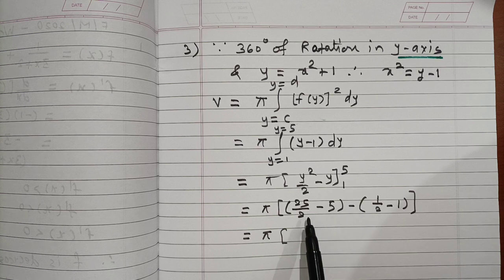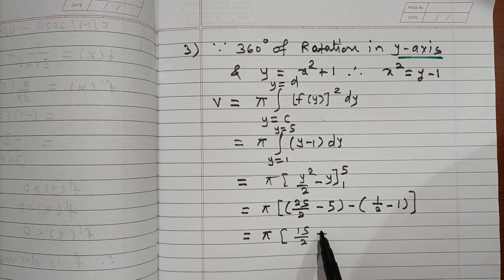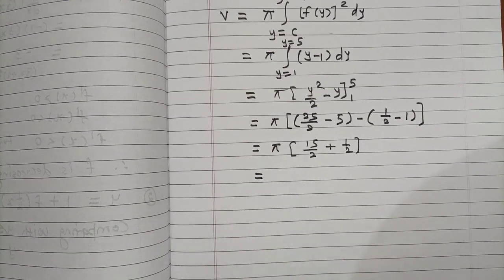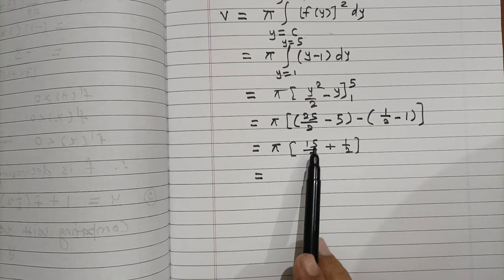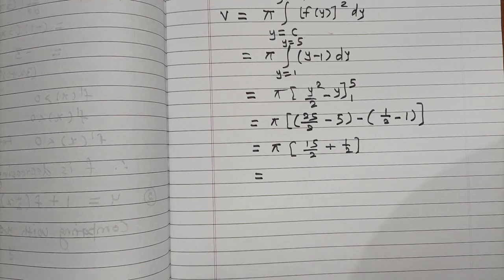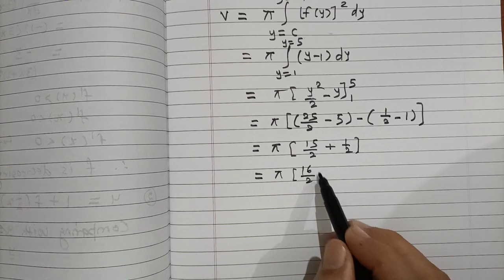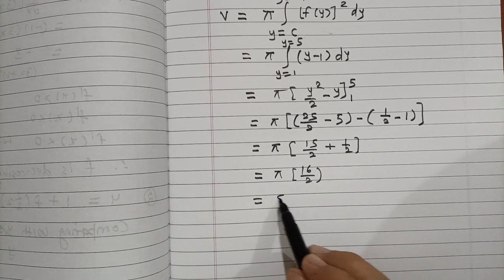The LCM is 2: 25 minus 10 divided by 2, so 15 by 2, and this is half minus 1, so minus minus becomes plus, so this is plus half. 15 by 2 plus half, total is 16 by 2, which is equal to 8 pi.